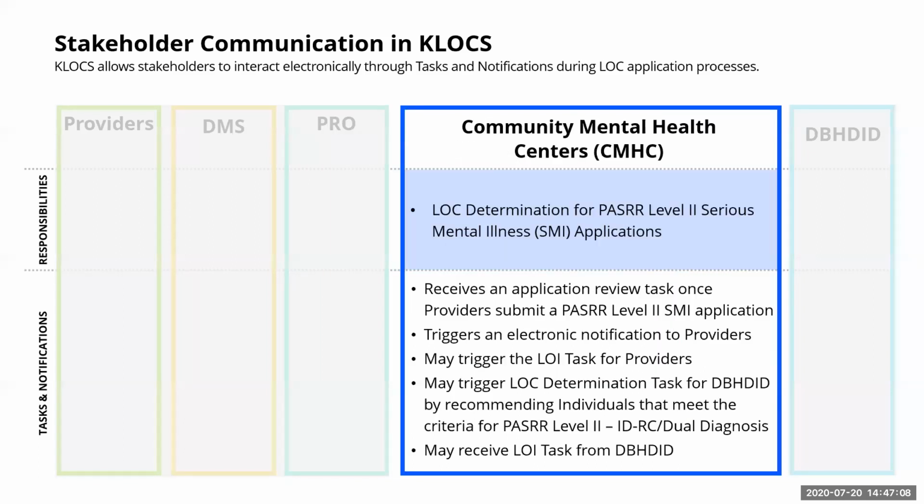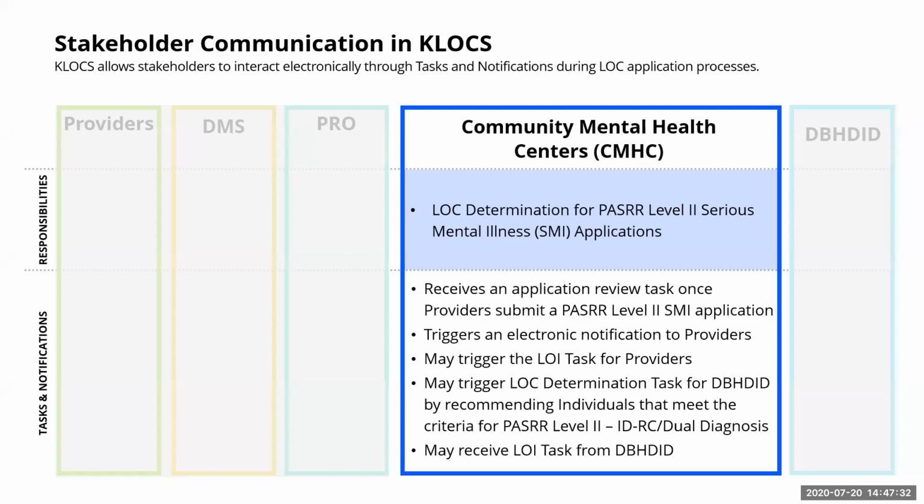Next, we're going to talk about our community mental health centers, known as CMHC. So CMHCs are going to hold the responsibility of being the first line of review for all PASAR Level 2 LOC applications within KLOCS. So they're going to be responsible for determining LOC for PASAR Level 2 serious mental illness, or SMI LOC applications.